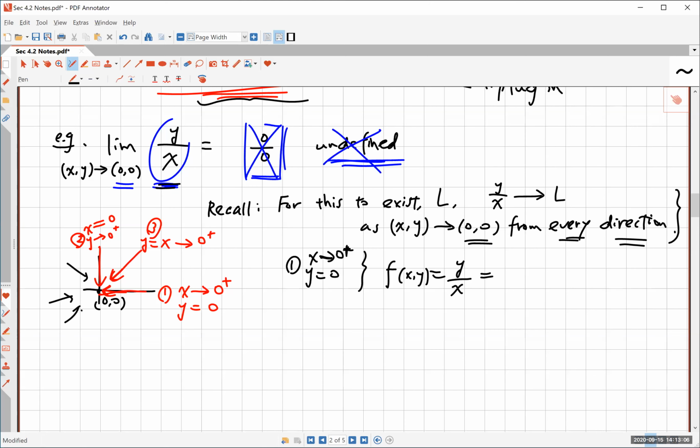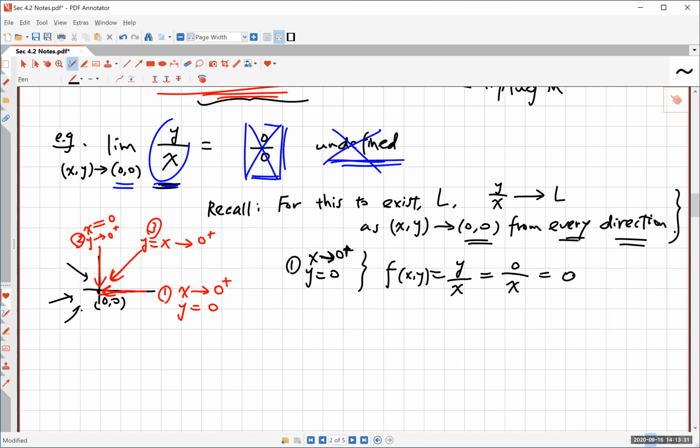So all these x values are non-zero numbers. y is definitely 0. So this is 0 over 0.1, 0 over 0.001, 0 over 0.0001 as x gets smaller and smaller. But guess what? For every x value that's not equal to 0, which is our assumption, 0 over that number is always 0. Okay, so this is constantly 0.